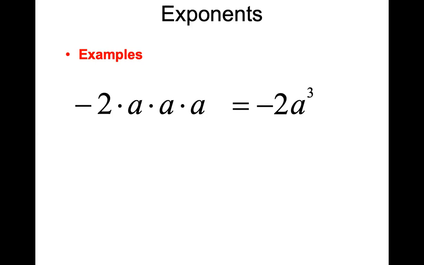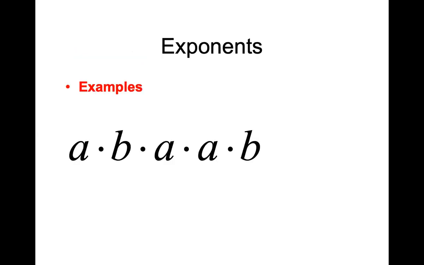What if you have 2 numbers? Oh, it can get more challenging, can it? Like that one. Do you agree that everything is being multiplied? Yes. What's being repeatedly multiplied? a and b. How many a's do you have? 3. How many b's? 2. So guess what I'm going to write?